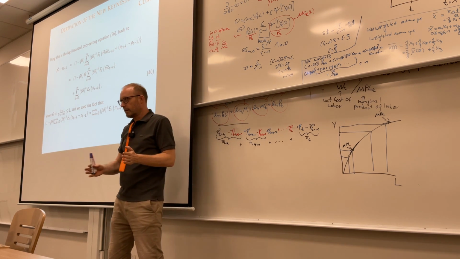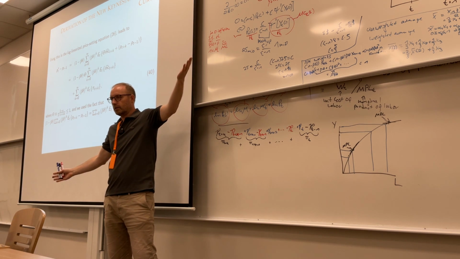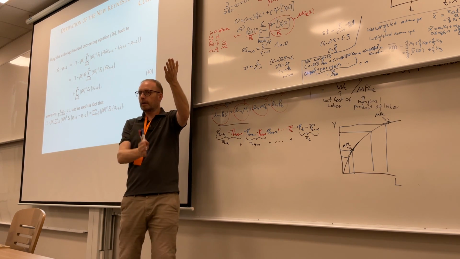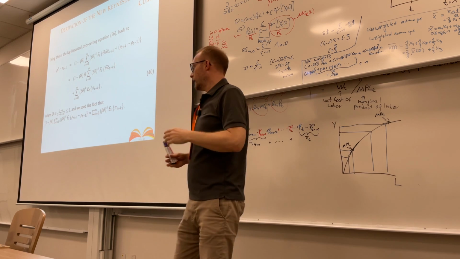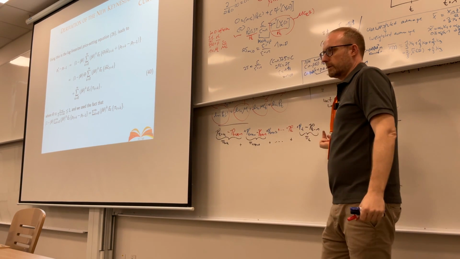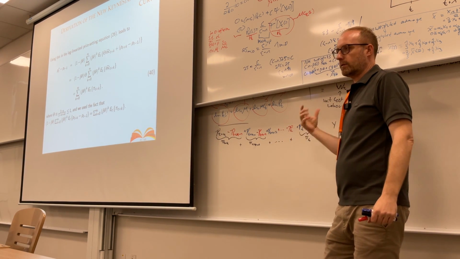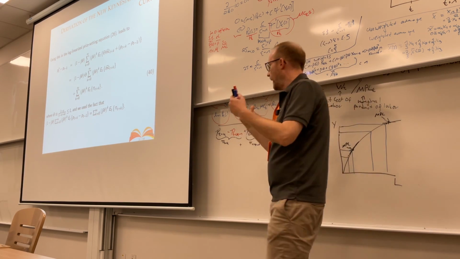But the total price change is equal to the sum of the year-by-year inflation rates, at least in this log perspective. That's the great thing about logs. You have this compounding effect here.